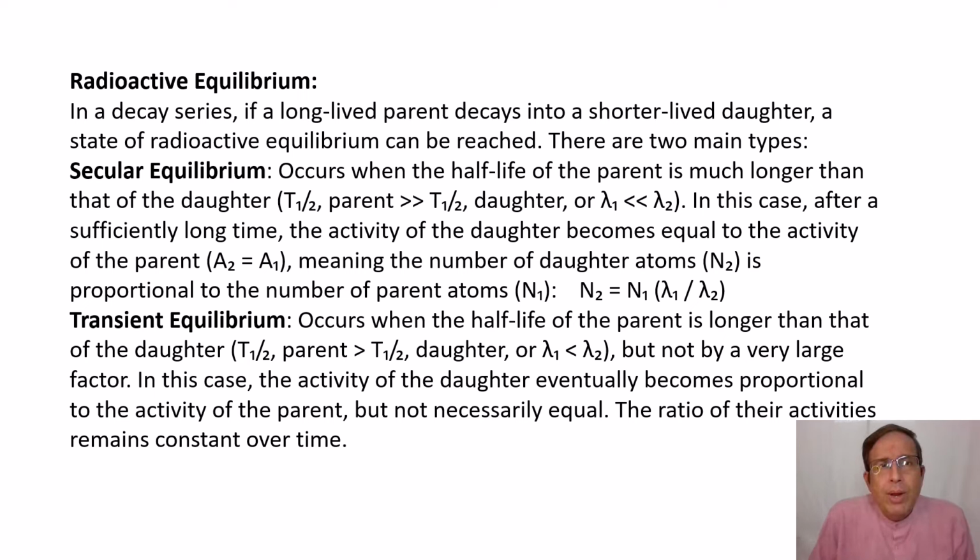Now we talk about radioactive equilibrium. I'm going to discuss it quite briefly. What I have just told you in the previous subunit, as you can see, there are cases when you have nuclei which are successively disintegrating one after another, and if the parent is long-lived compared to the short-lived daughter, that is, the half-life of the parent is much greater than the half-life of the daughter, then there can be a possibility of a secular equilibrium.